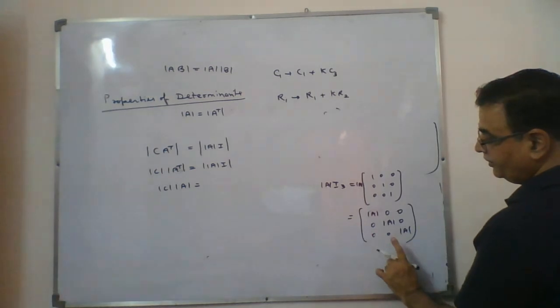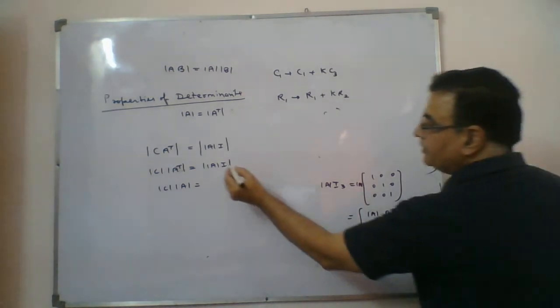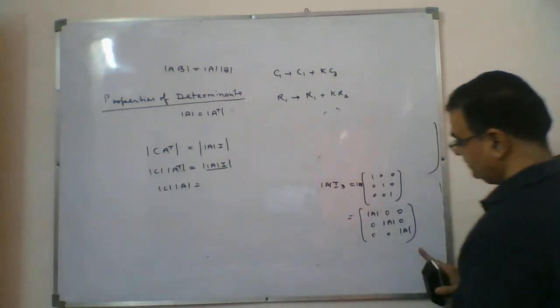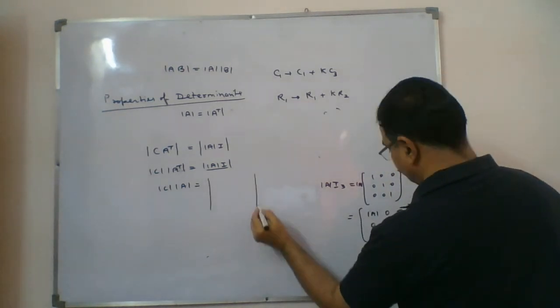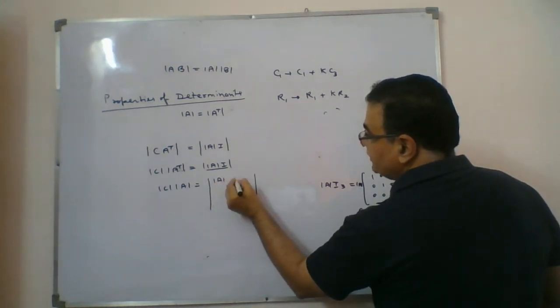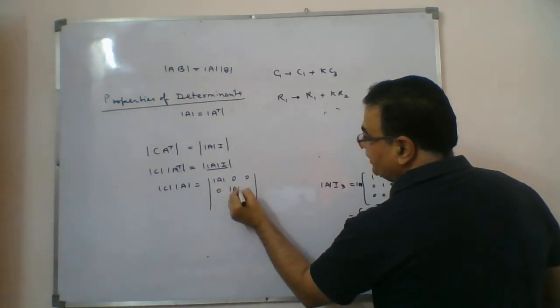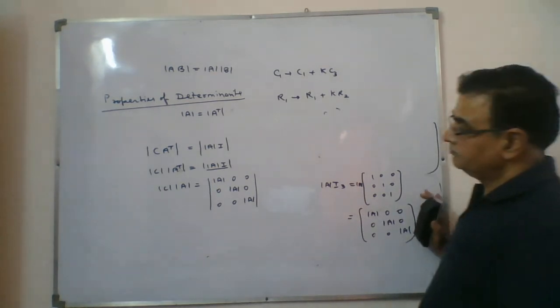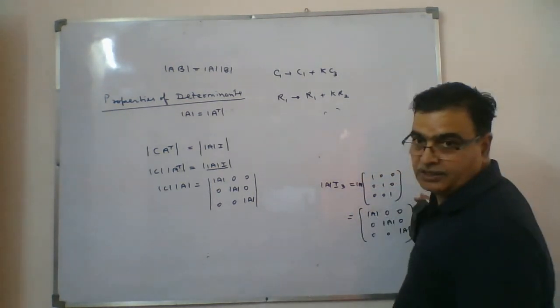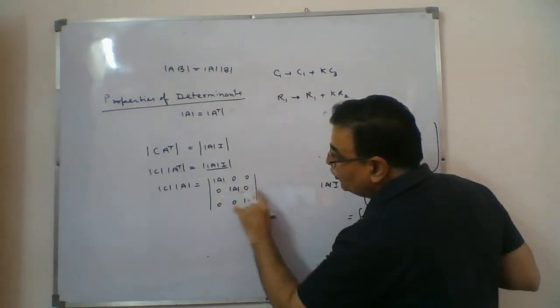Now I want the determinant of this, A I3. So when I take the determinant of this, I'll get determinant A 0 0, 0 determinant A 0, 0 0 determinant A.